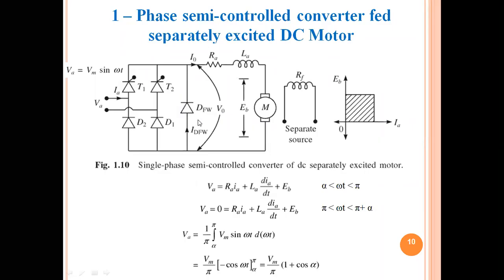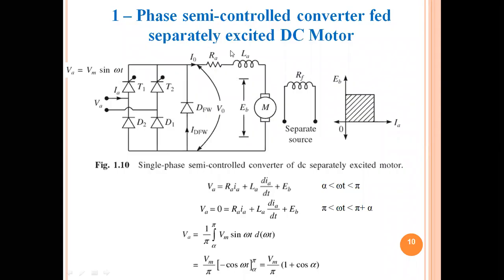Because in the syllabus it is clearly mentioned that the operation of all these converters will be under continuous conduction mode only. Continuous conduction mode means the load current has to be continuous for all the conditions. That is the reason why a freewheeling diode is taken to circulate the continuous current.